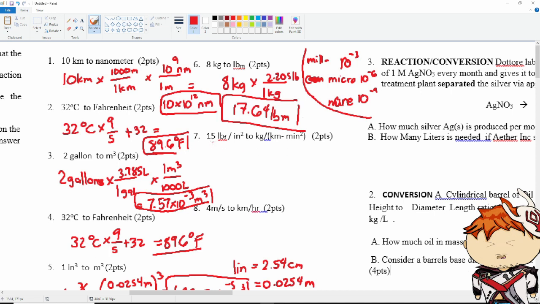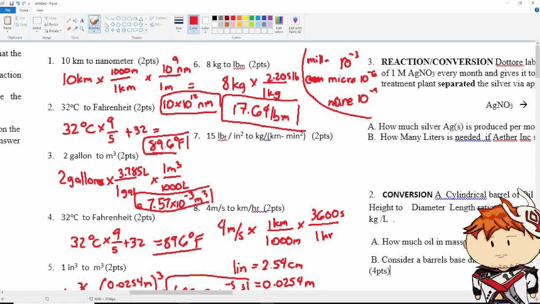Alright, number 7. I'm gonna continue to number 8, which is much faster, then we'll go back to number 7. 4 meter per second to kilometers per hour. Let's convert: 1,000 meter is 1 kilometer, and 3,600 seconds is 1 hour.